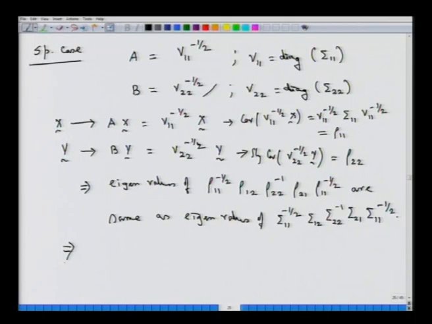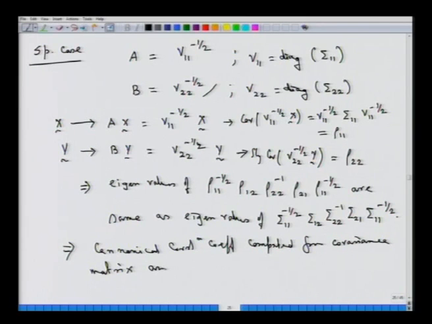So, this will imply that the canonical correlation coefficients computed from the covariance matrix and the correlation matrix are identical, because under the non-singular transformation there is no change as such in the canonical correlation coefficients.